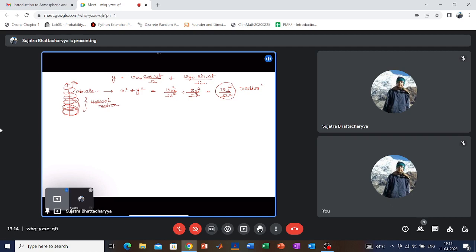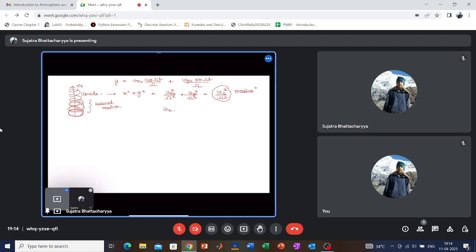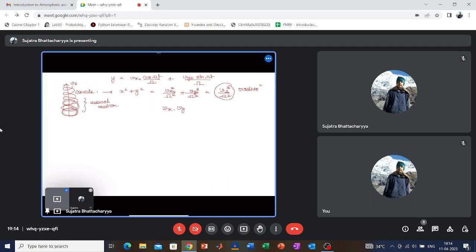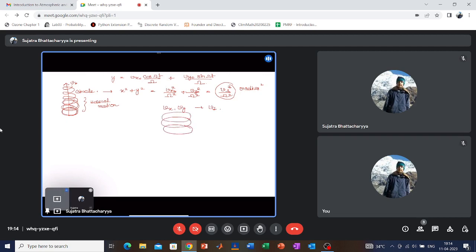So this is the radius. Vx, Vy, which are nothing but the V perpendiculars, are represented by a circle. But this circle is moving in the z direction with constant speed Vz0, and that's why we are getting something like this, helical motion.